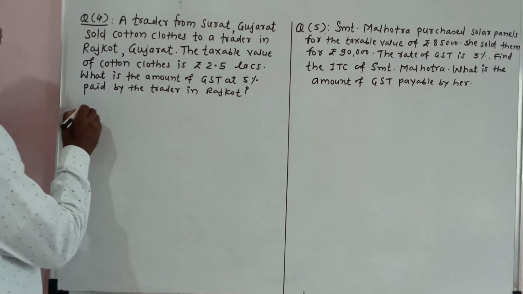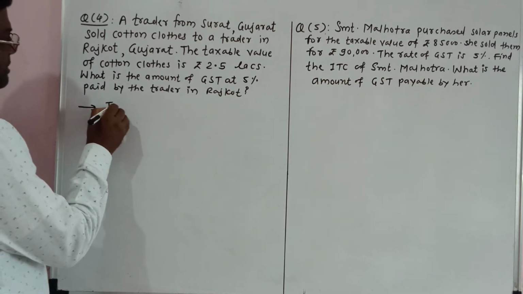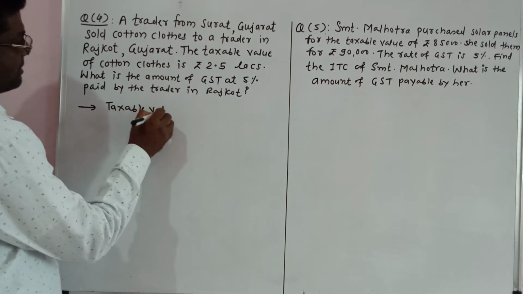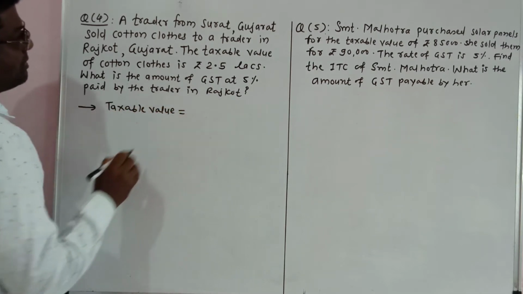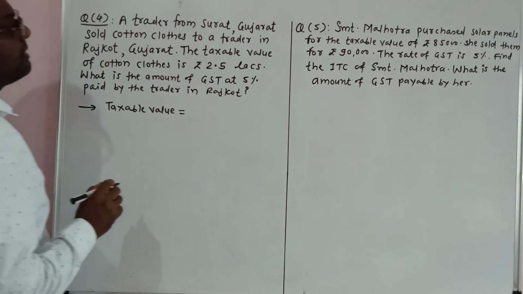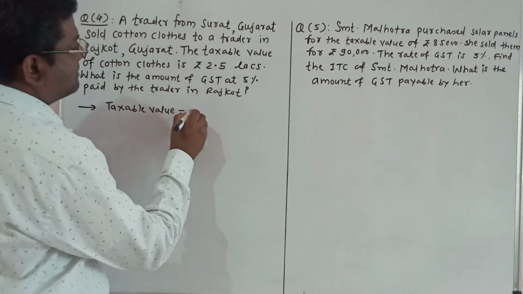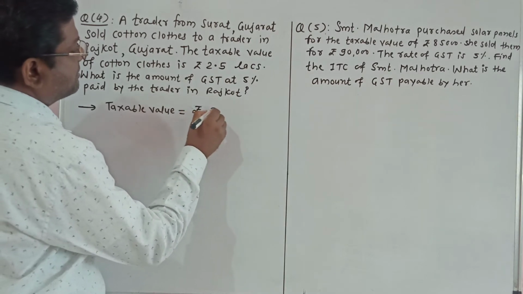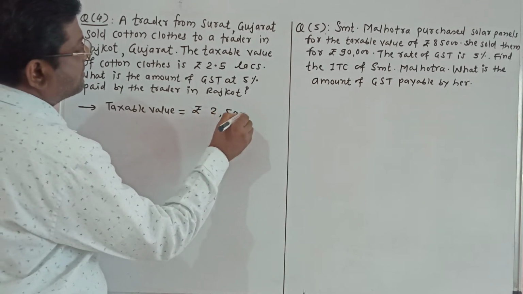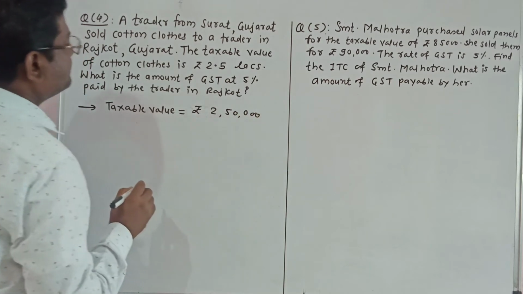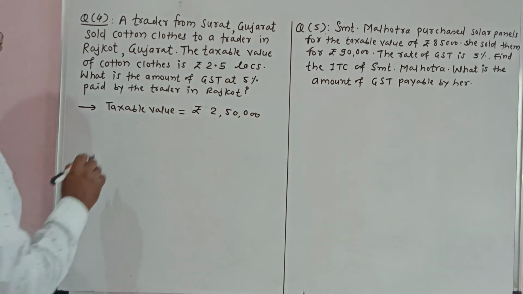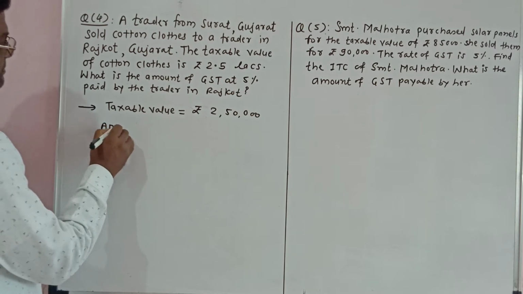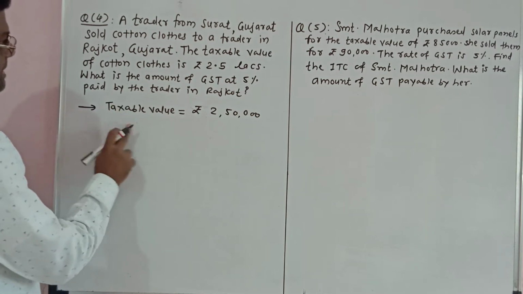So we have given here taxable value is equal to 2.5 lakhs, that is rupees 2,50,000, and we have to find the amount of GST. Here rate of GST is 5%.